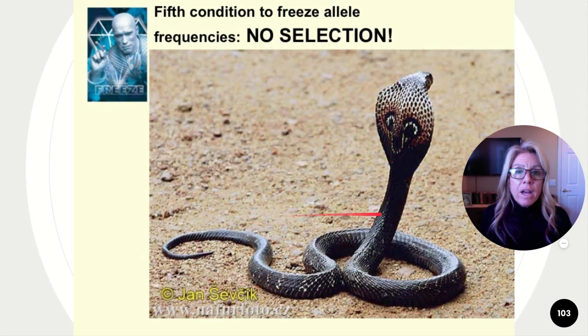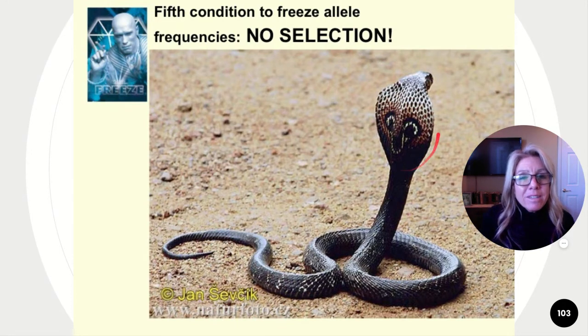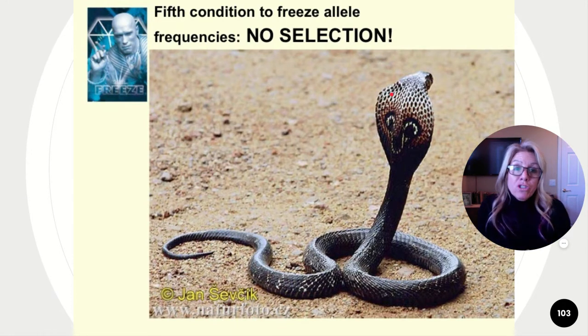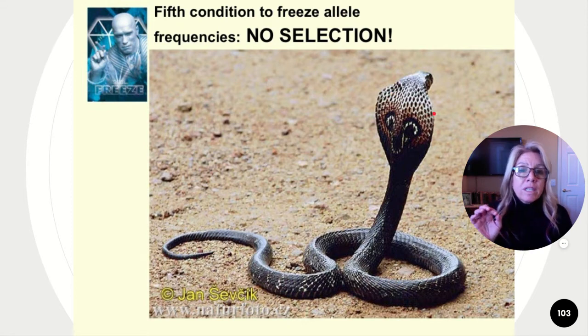Now take a look at this, right? Here's a cobra. And on the back of this cobra's head, it looks like there's a face. Do you think he's ever seen his face? Probably not. How did this get here? Well, potentially, if those organisms were going to hunt this snake, they would want to sneak up on this snake. So they would go around from the other side and approach from this side.